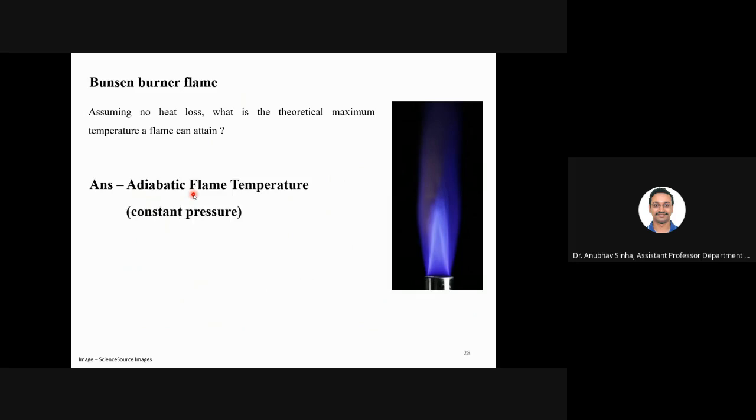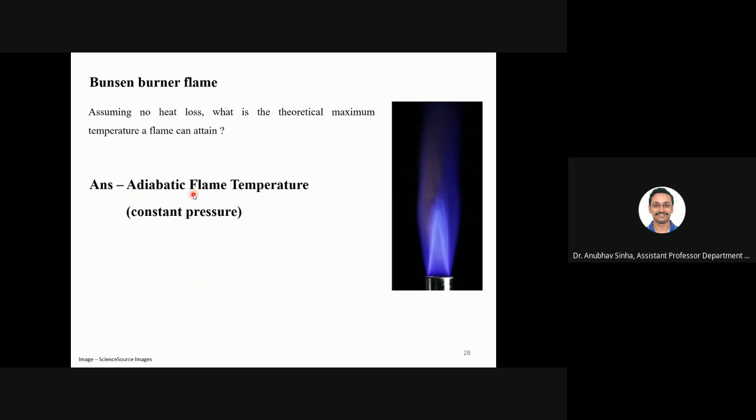Okay. Another question: whether it is constant pressure or constant volume. Why not constant volume? There are two types of flame temperature, right? We defined them at either constant pressure or constant volume.